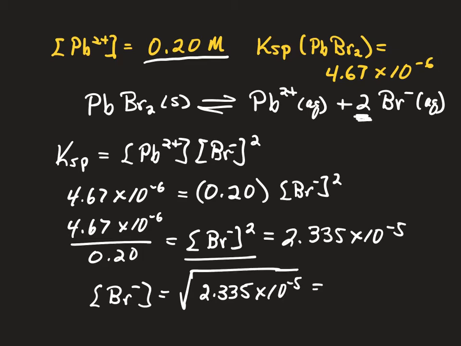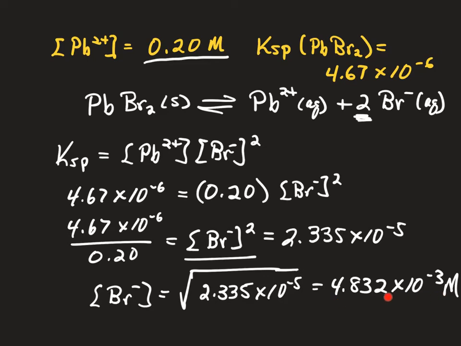which is equal to 4.832 times 10 to the minus 3 molar. So when our bromide ion concentration gets up to 4.832 times 10 to the minus 3 molar, lead ions will begin to precipitate.